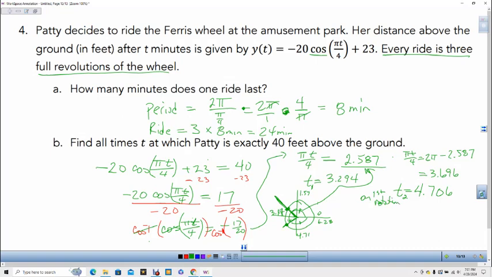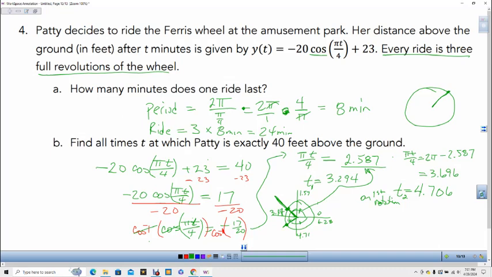Now it becomes easy, because when we know the first one, all we have to do is add 8 and add 8, because it's going to happen at the exact same time plus 8 minutes each time. This may throw you off, but understand they're using the trig function, and at the first one, we're going to be right here.